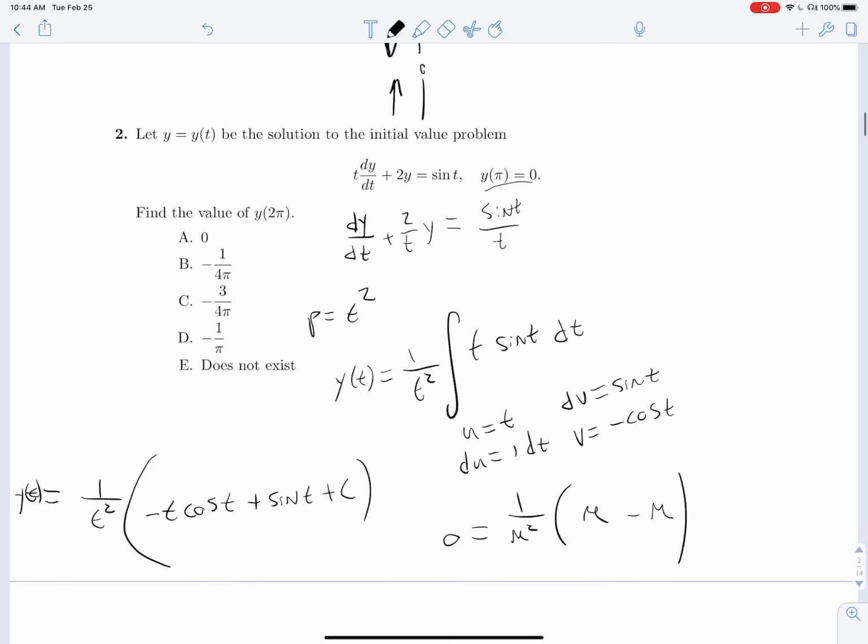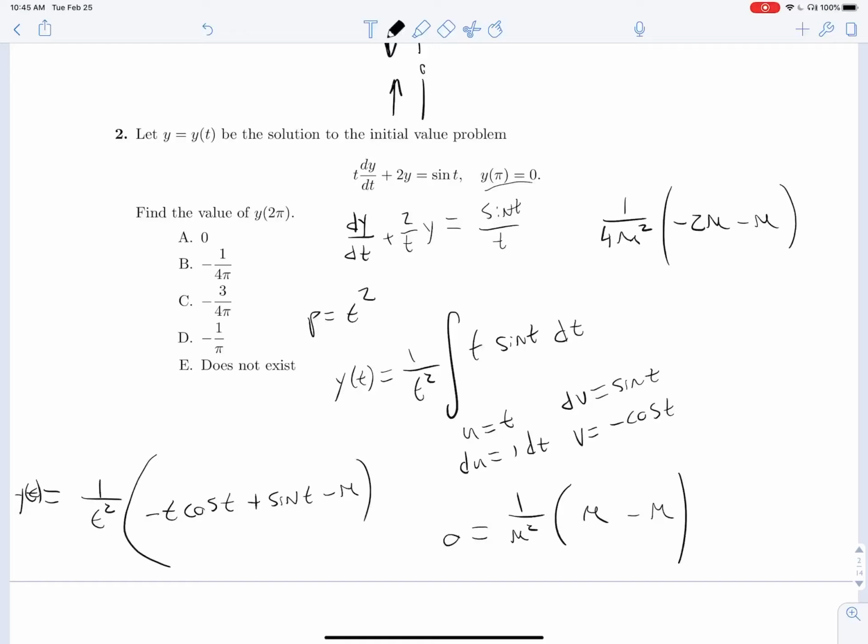So hopefully we can go in here, replace our c with negative pi, and evaluate this thing at 2 pi and get an actual number out. So evaluating at 2 pi, I'm going to go up here and don't have much space to work with. 1 over 4 pi squared times the quantity negative 2 pi times the cosine of 2 pi, which is 1, plus the sine of 2 pi, which is 0, minus pi.